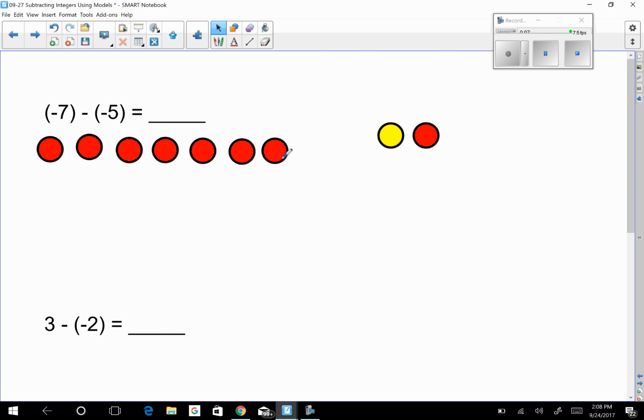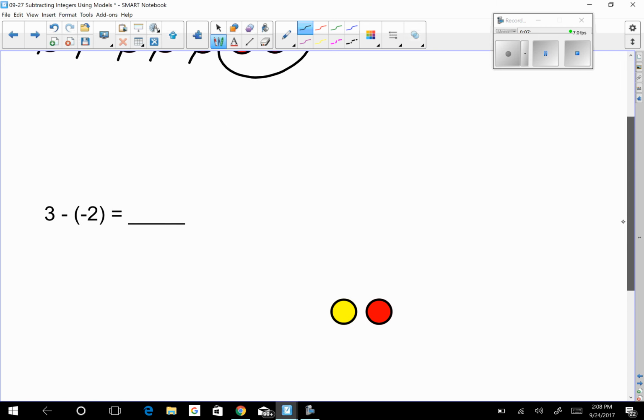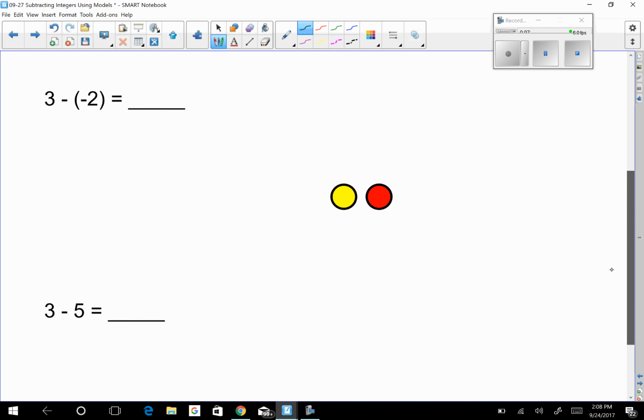Now from this group of -7, can we take away -5? Yes. We can take away 1 negative, 2 negative, 3 negative, 4 negative, 5 negative. What do you have left? 2 negatives. So -7 take away -5 is -2. Very easy.